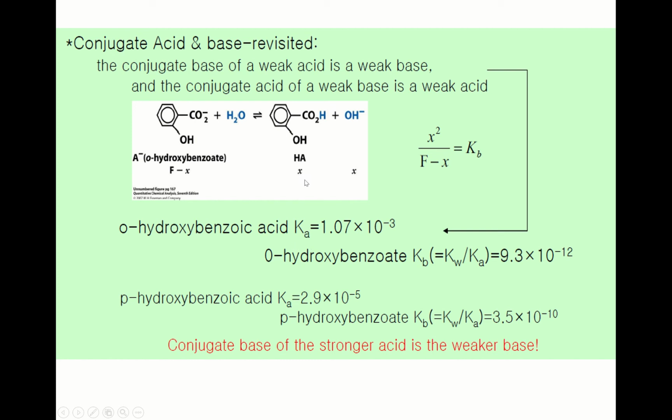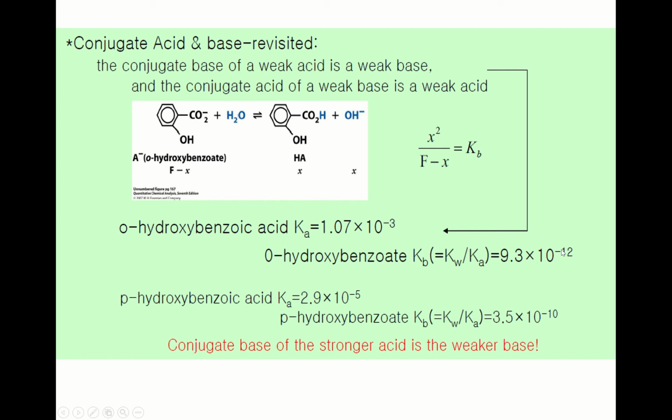The Ka for this orthohydroxybenzoic acid is 1.07 times 10 to the minus 3. What about Kb? Kb is given by Kw divided by Ka, which is 9.3 times 10 to the minus 12.